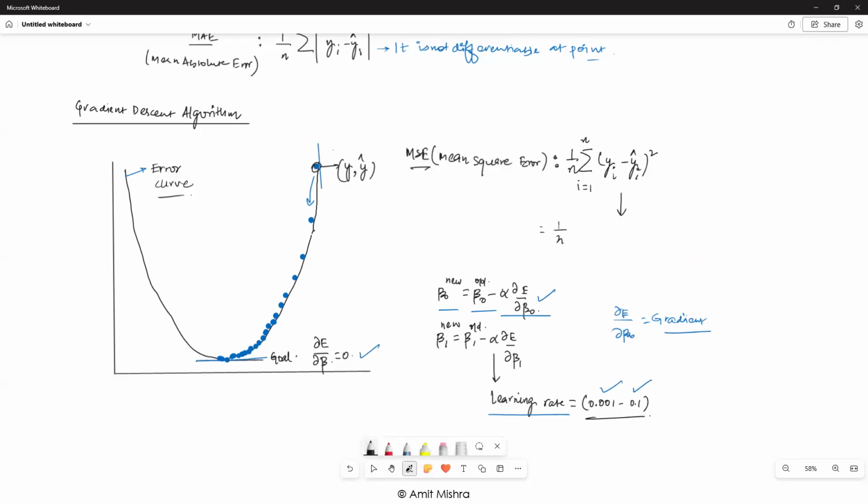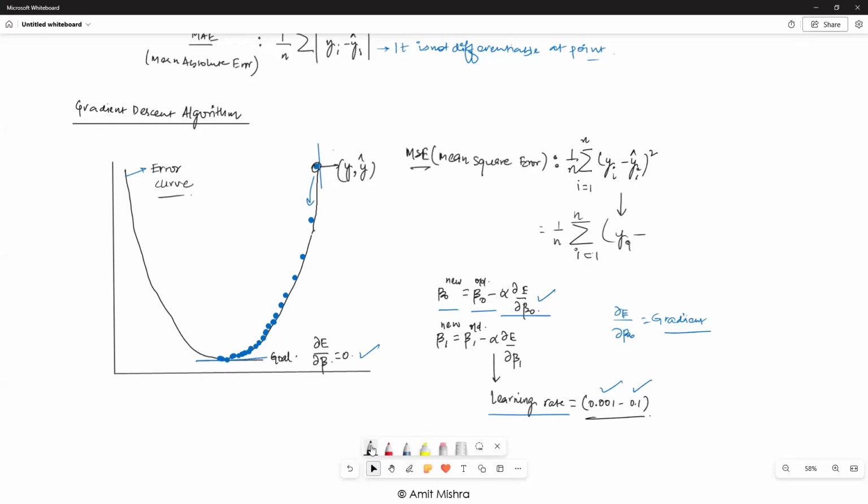Then you will get to know what we are trying to minimize. So 1 by n is your number of samples. It will remain as it is, no change. Summation, the sum of all the values, will also remain as it is, going from i equals 1 to n. Yi is your actual value minus yi hat.